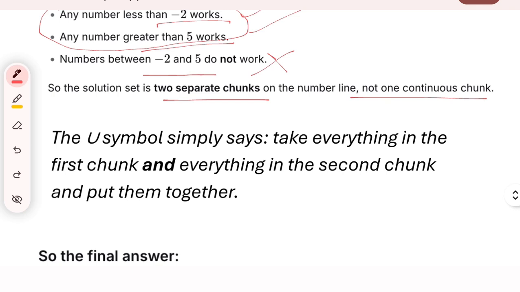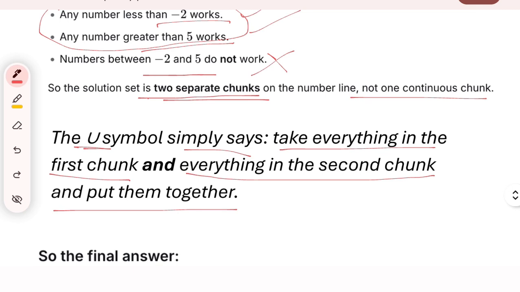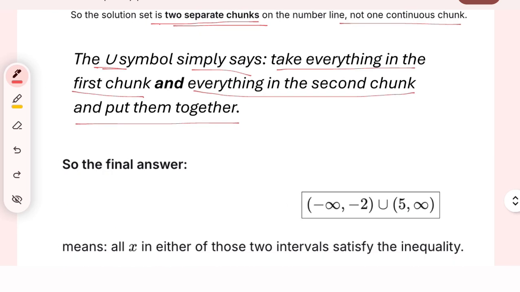That is why we are using a union. The union symbol simply says you take everything in the first chunk, which is the first interval, and everything in the second chunk, which is the third interval, and then you put them together, because that is your final answer.